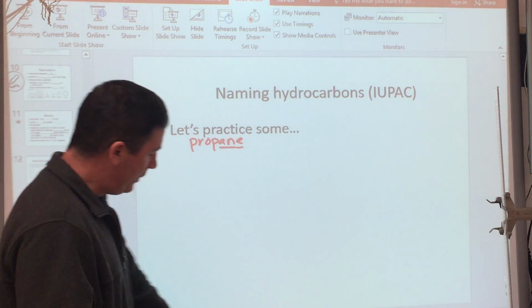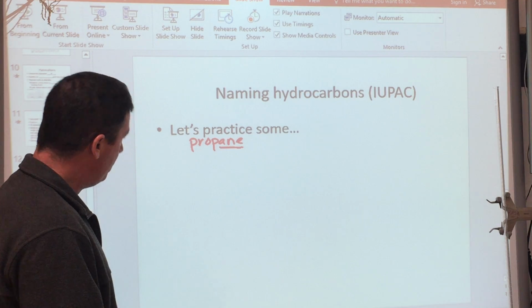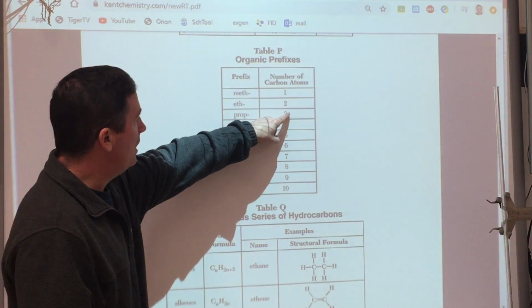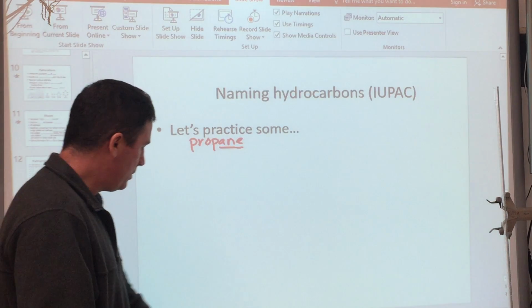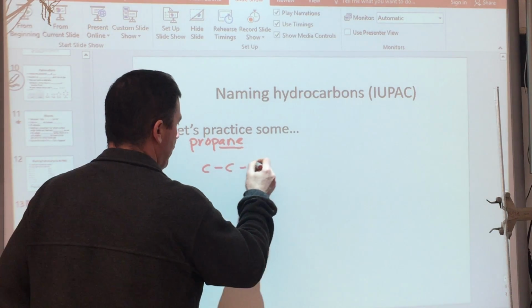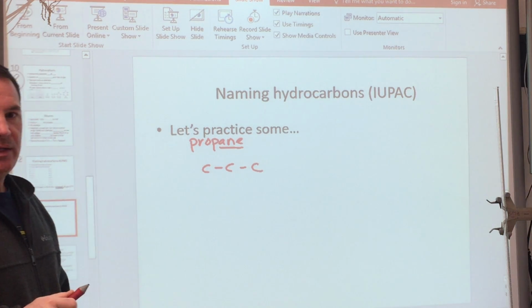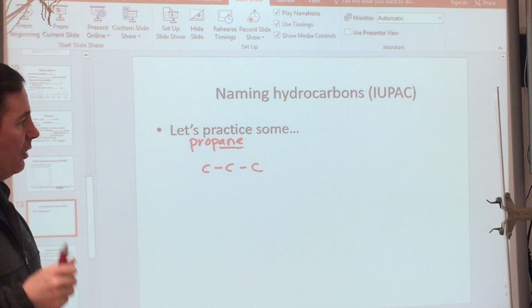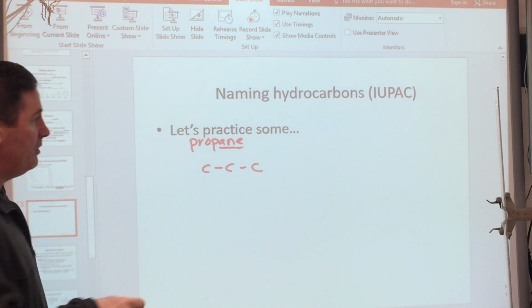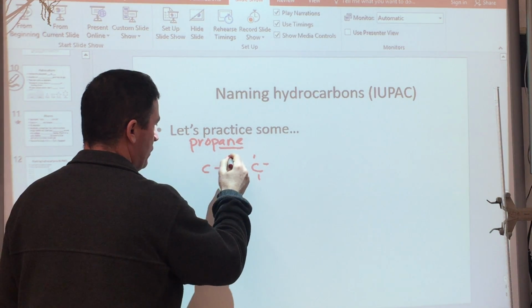But I have to know what the PRO means. PROP. So prop is 3. I'm going to start with 3 carbons. 1, 2, 3. Make sure when you write these that you have 4 lines around each one of them. 1, 2, 3, 4. 1, 2, 3, 4.